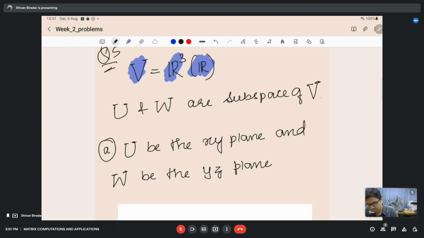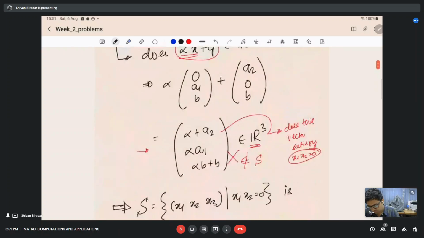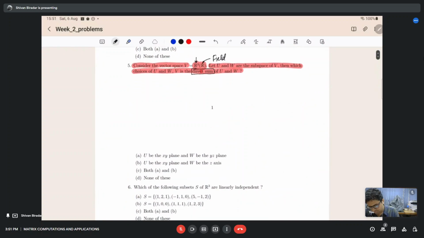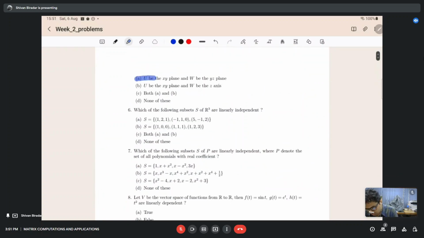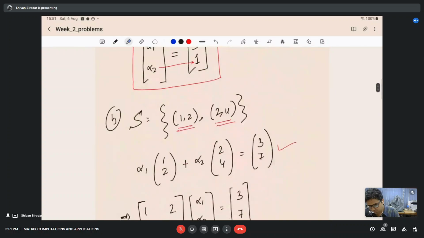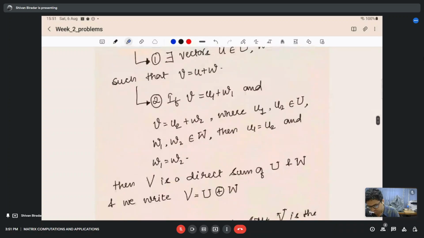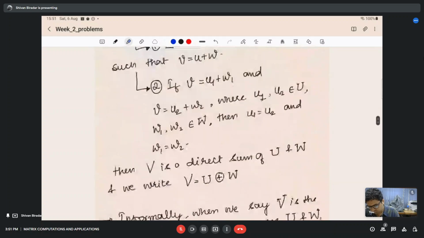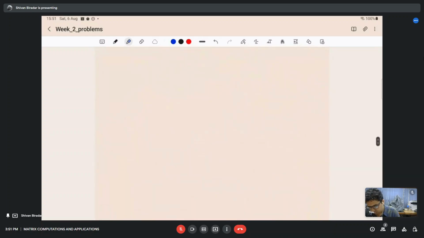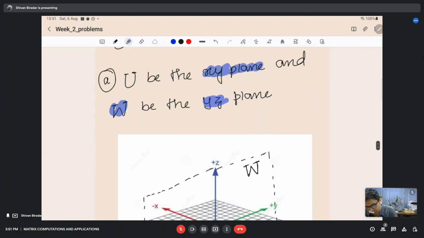U and W are both subspaces of vector space V. By the problem, the first part says that U is an XY plane and W is a YZ plane.